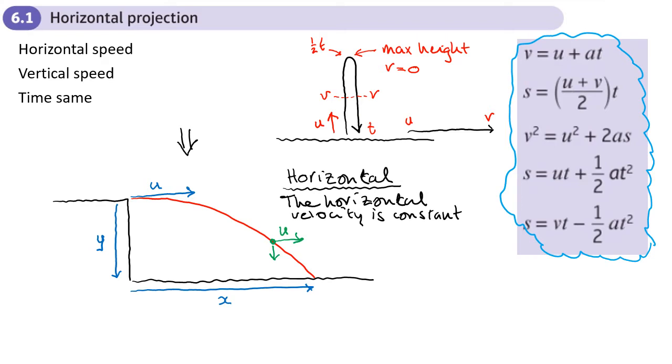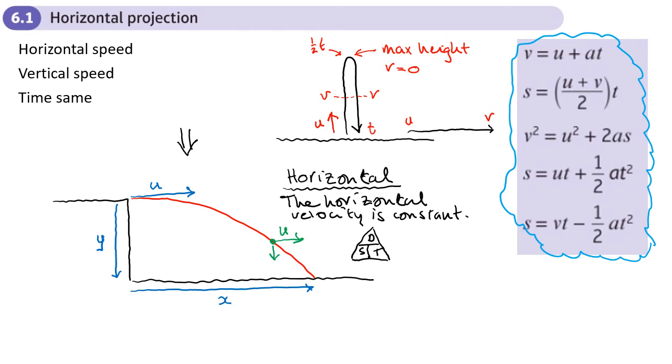Now, if the velocity is constant, you can just use speed, distance, and time, because the acceleration is going to be 0. So you could use speed equals distance over time to work out either the distance or the time taken. So that's the first thing: the horizontal velocity is constant.